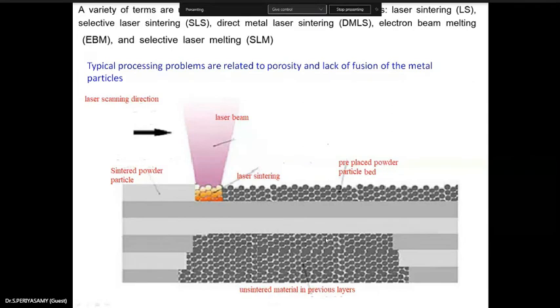Then process-specific defects can be produced. Even for the process type, you have to follow some of the ASTM standards. If you are varying this, in that case also you have defects. Even in the slides, I am just putting the density.